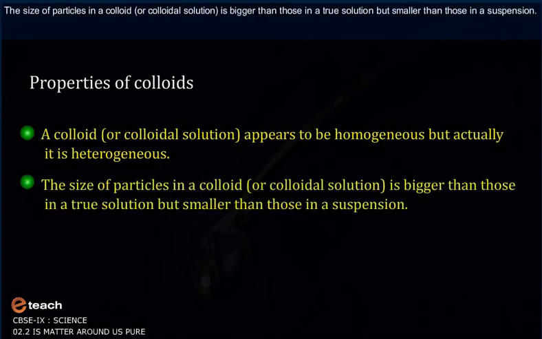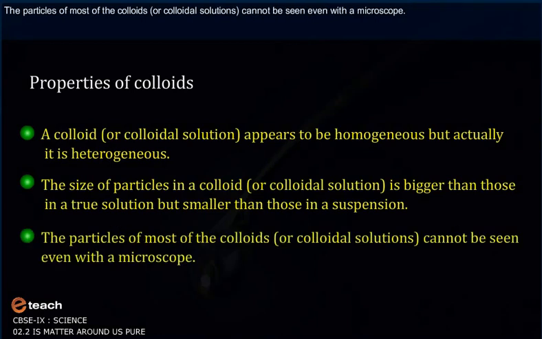The size of particles in a colloid or colloidal solution is bigger than those in a true solution, but smaller than those in a suspension. The particles of most of the colloids or colloidal solutions cannot be seen even with a microscope.